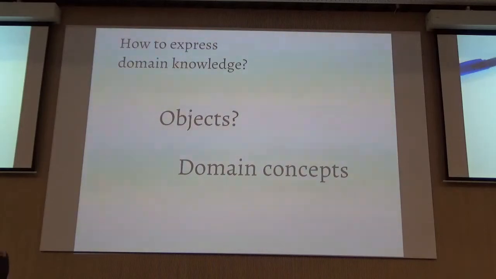Because we want to have a kind of wider and deeper picture of what we need to cover. So we can speak of domain concepts, some neutral notion in order to deal with the domain.